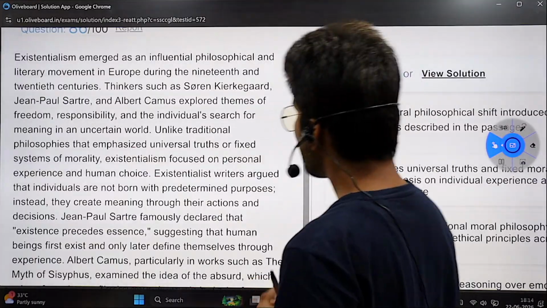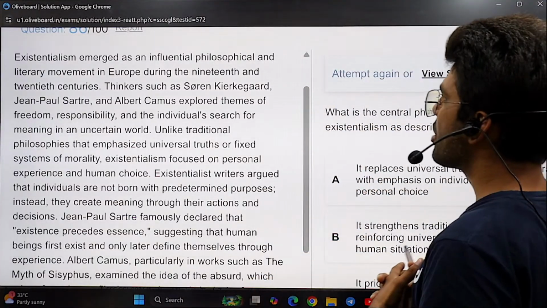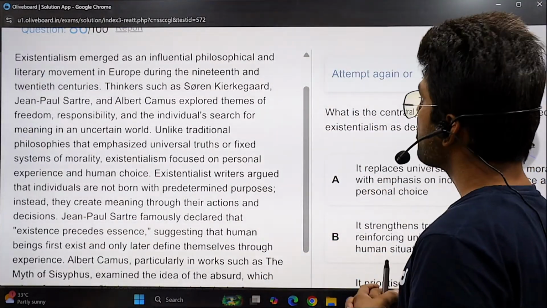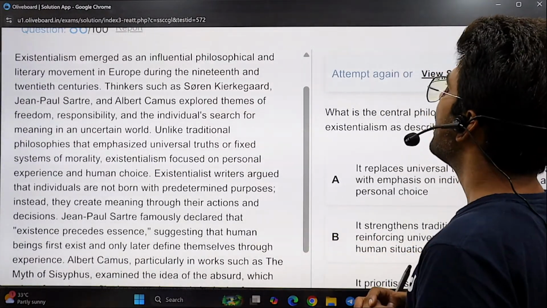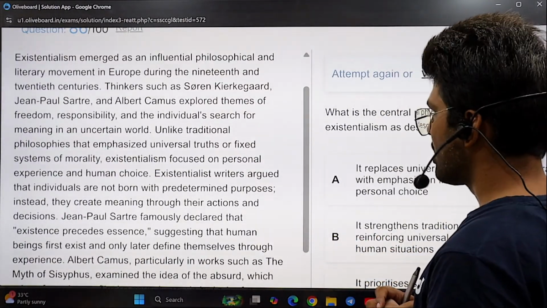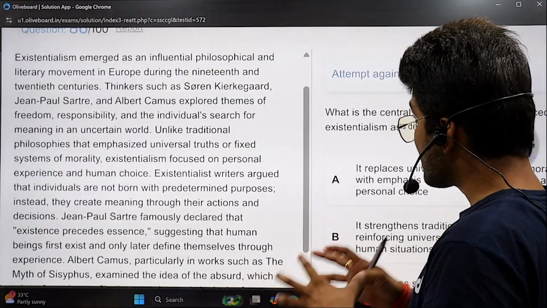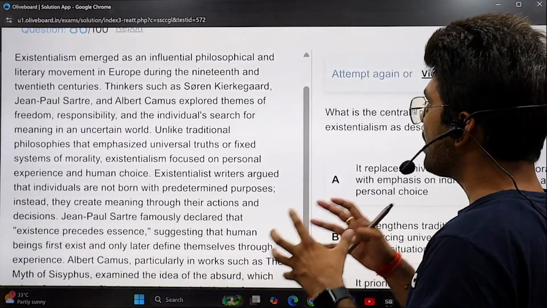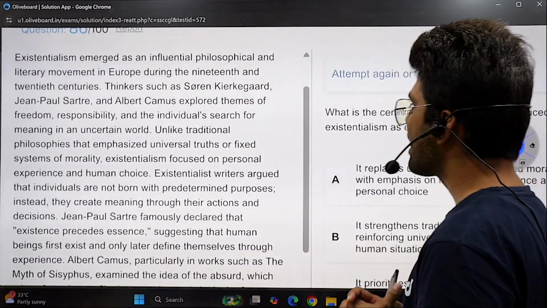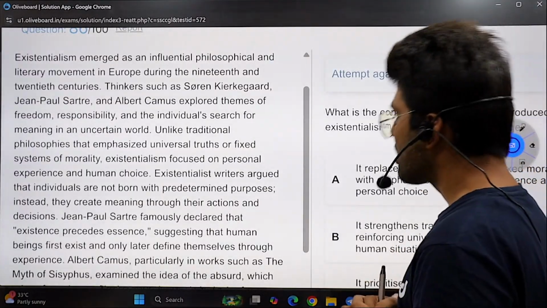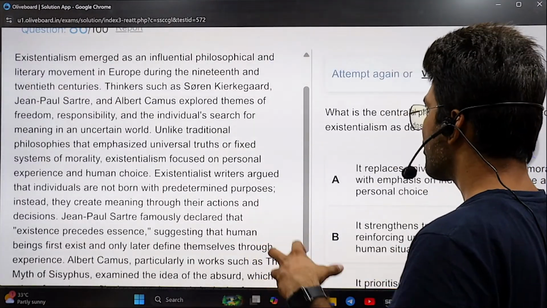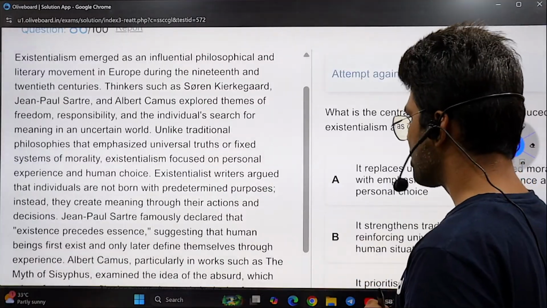Existentialism emerged as an influential philosophical and literary movement in Europe during the 19th and 20th centuries. Thinkers explored the themes of freedom, responsibility, and individuals' search for meaning in an uncertain world. Unlike traditional philosophies that emphasized universal truths and fixed systems, existentialism focused on personal experience and human choice.